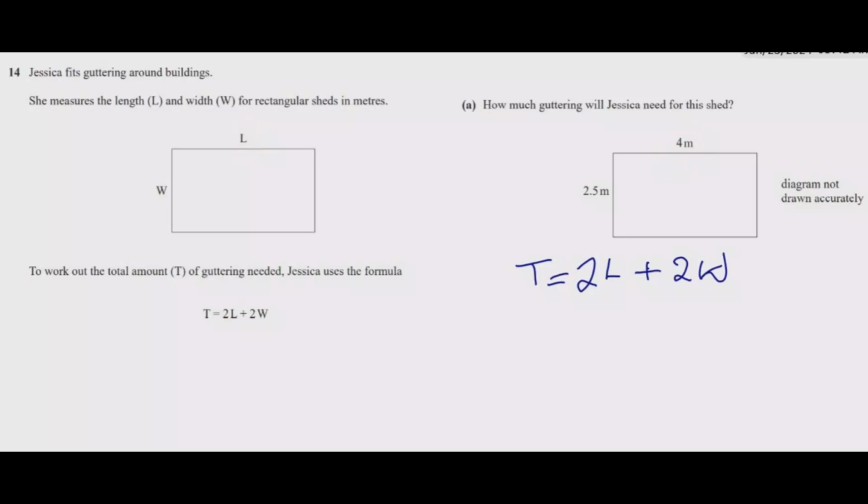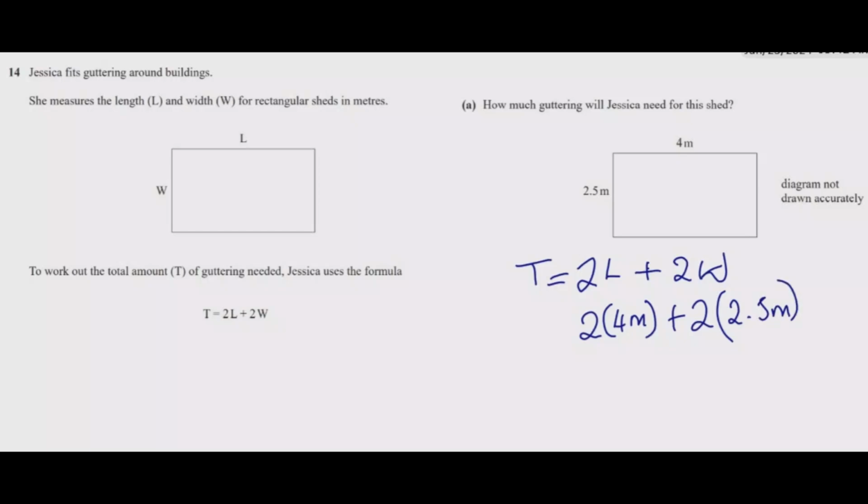So T is equal to 2 open bracket 4 meters close bracket plus 2. What is the width? In the statement we are given this as width, which makes this 2.5 meters. So open bracket 2.5 meters close bracket.